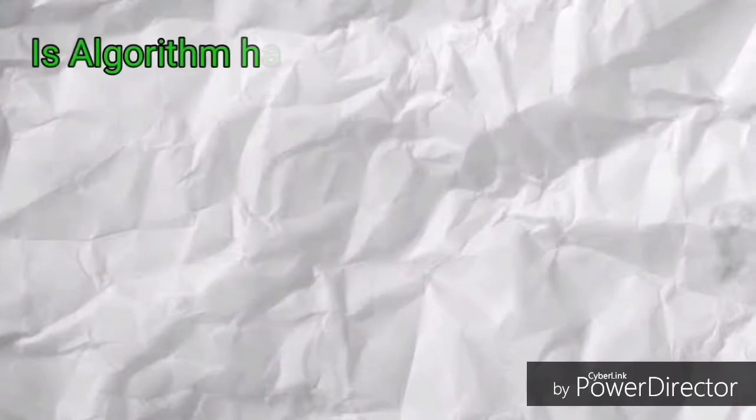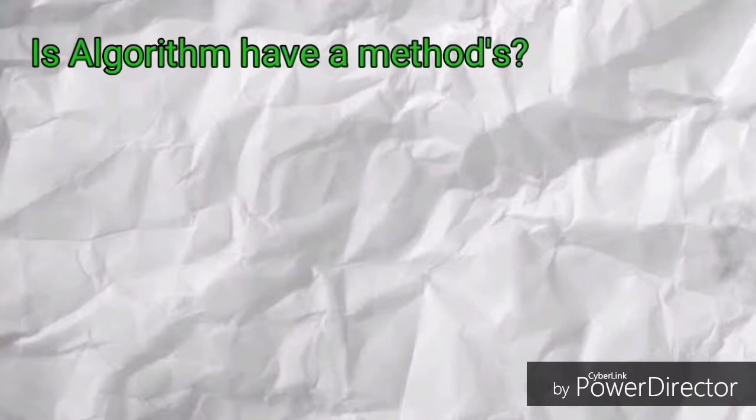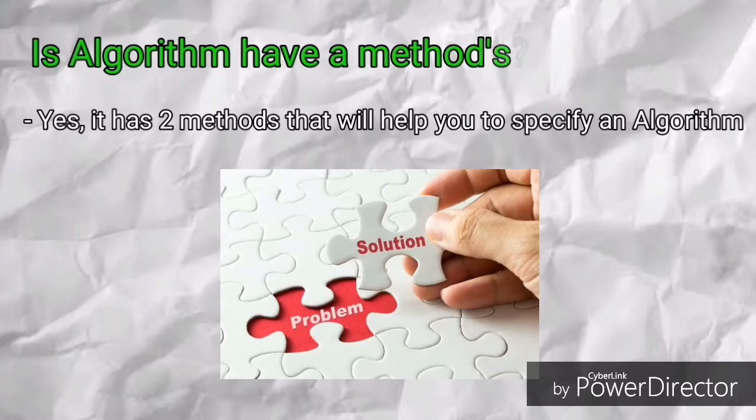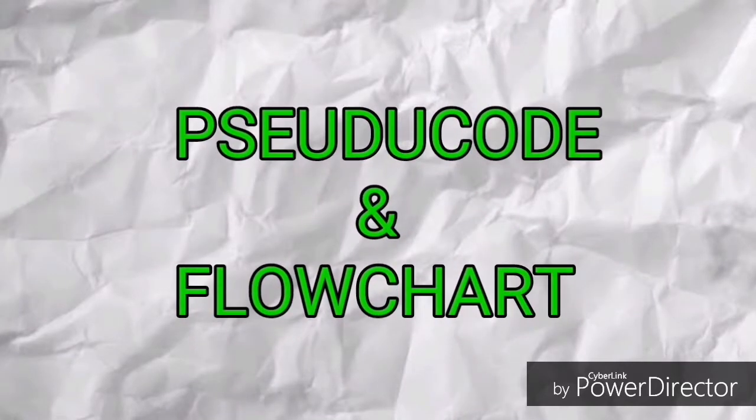Does an algorithm have a method or methods? Yes, it consists of two methods that will help you to specify an algorithm. These are the methods of specifying an algorithm: pseudocode and flowchart.